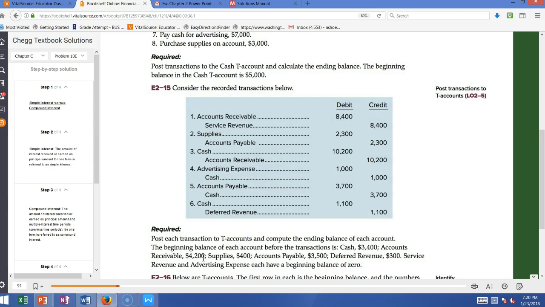Service revenue, what is that? A revenue account, credit. Advertising expense, an expense account, which is a debit. So we start with putting in those balances, okay? Are we good?